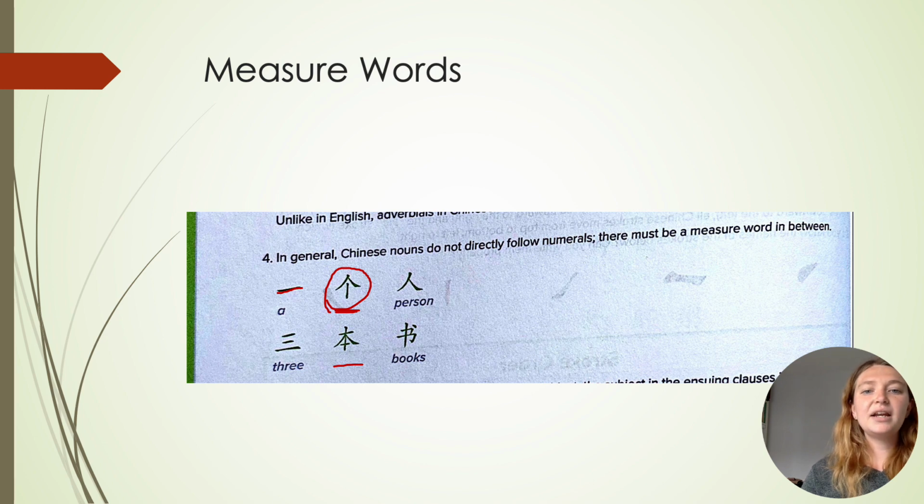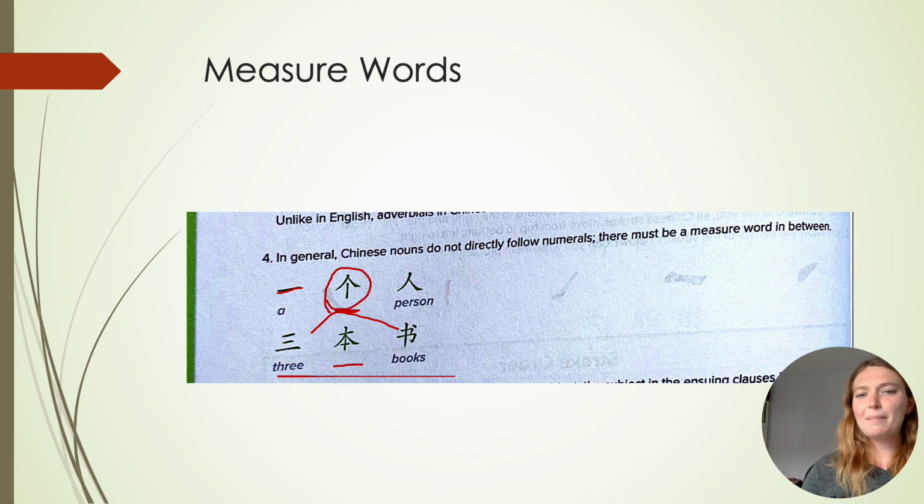Okay? But if you were to say 3个数, 3个数, you would still be understood. And you would still be understood, but it would be even more incorrect and sound even more awkward if you just said 3shu. You can't really say that. So you would have to say 3个数 or 3本数. That's the most accurate way to say it.